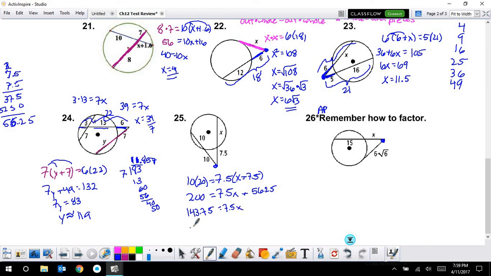And when you divide by 7.5, let's see, let me do my long division here.